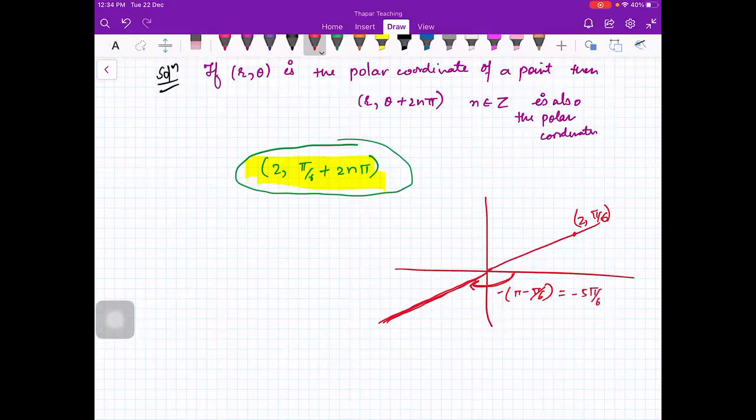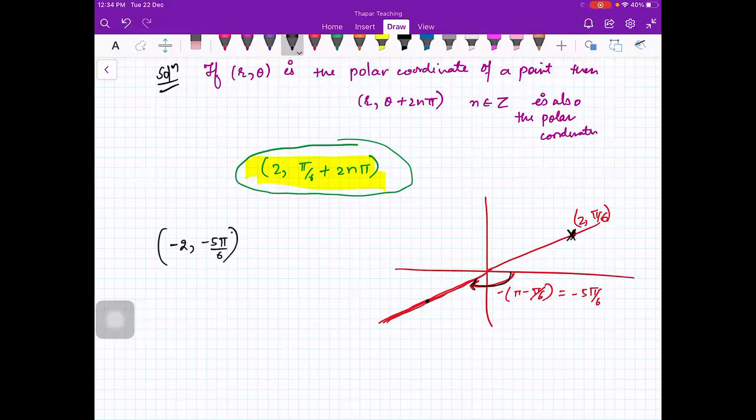So how can I reach this point? I can go to this axis, right? I will reach here and then I will take minus. So what I can do is, if I have this point -2 comma minus 5 pi by 6, that is also the name of this point. Do you agree? Yes, ma'am.